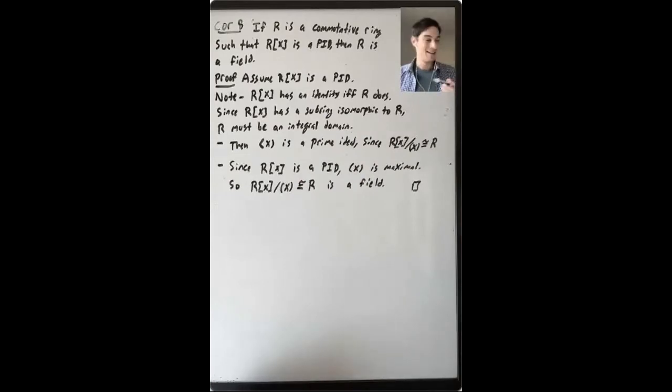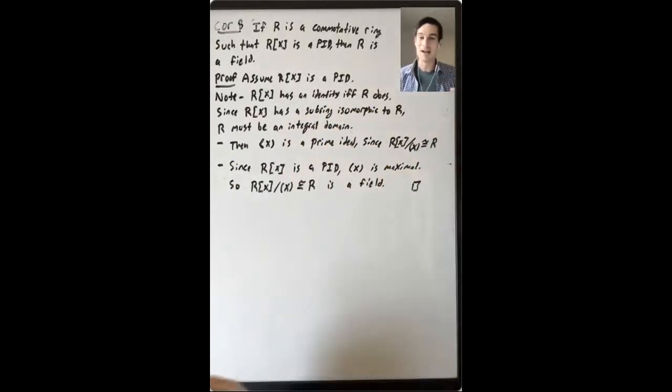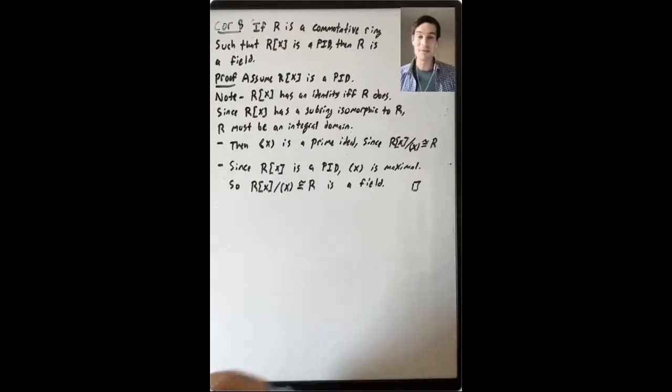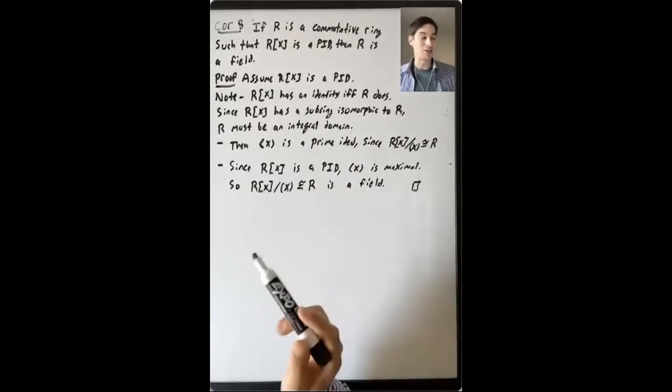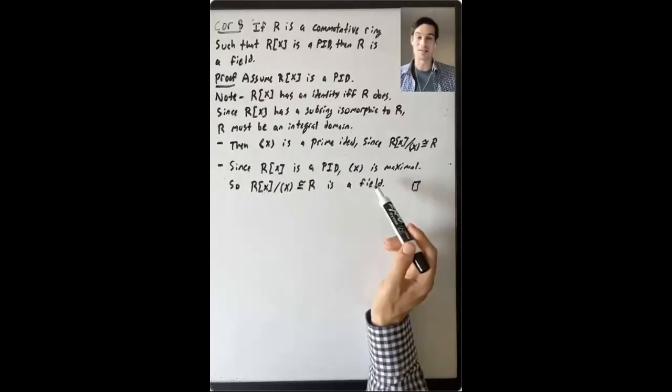And now, the ideal generated by x is a prime ideal, but it's a prime ideal in a PID. And in a PID, every prime ideal is a maximal ideal. So the ideal generated by x is maximal. So that means not only is R[x] mod the ideal generated by x an integral domain, but it's actually a field. And because it's isomorphic to R, R must be a field.